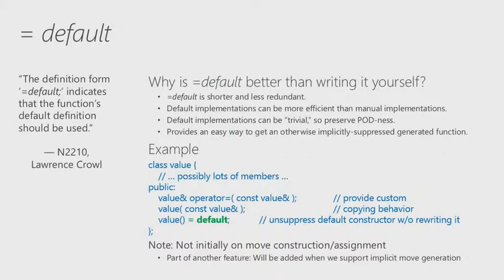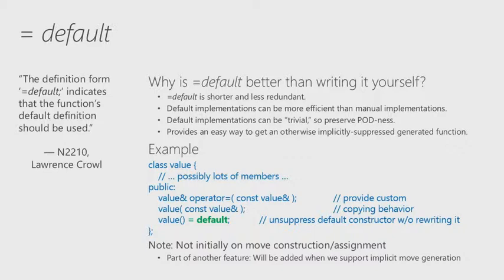Speaking of defaults, let's talk about this next feature, equals default. Sometimes you want the compiler-generated version of a function, but because of something else you've done in your class, you may have suppressed it. But really, the compiler-generated constructor, say, or assignment operator, would do you just fine.